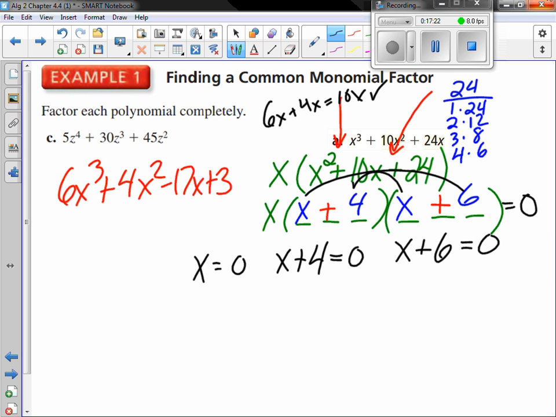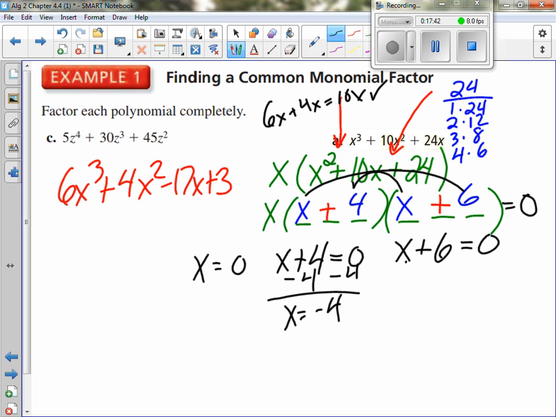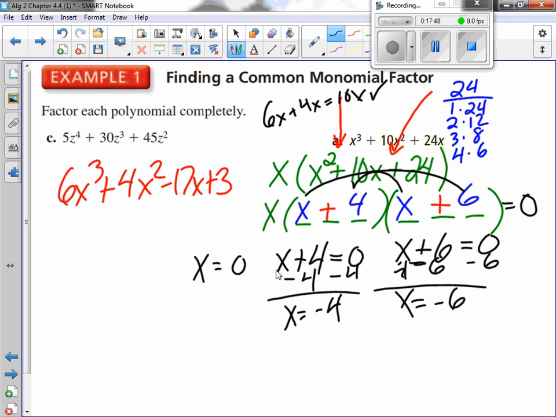So I can set these all equal to 0 to be able to solve. So we could solve it this way here. So this would be minus 6, not plus. And we could do it that way.